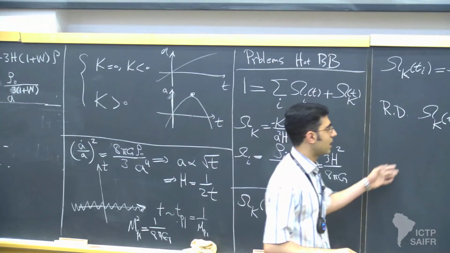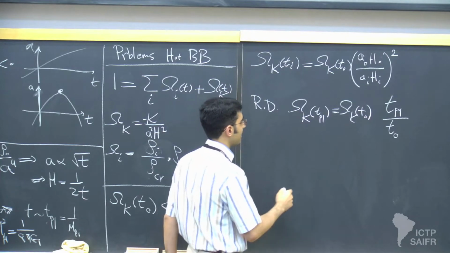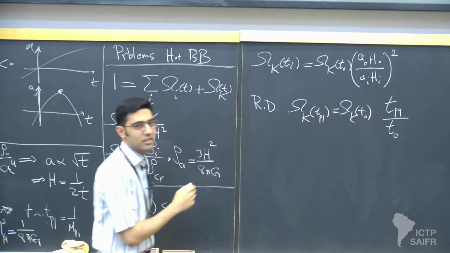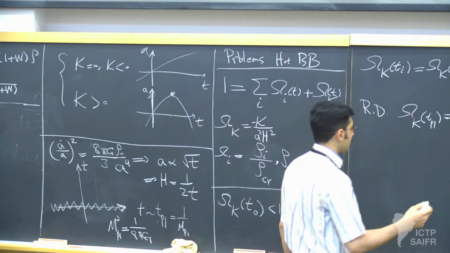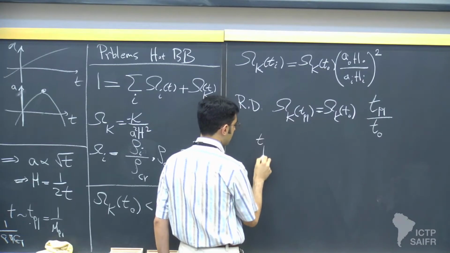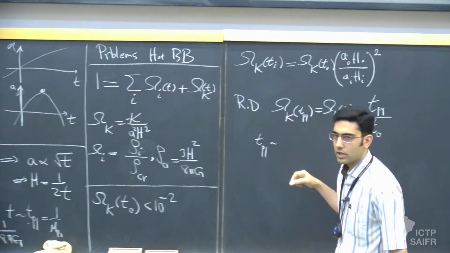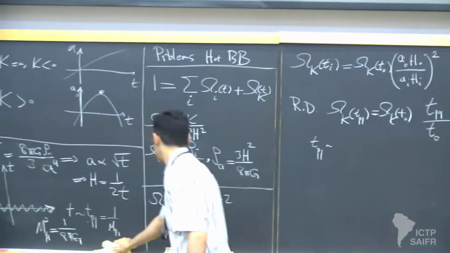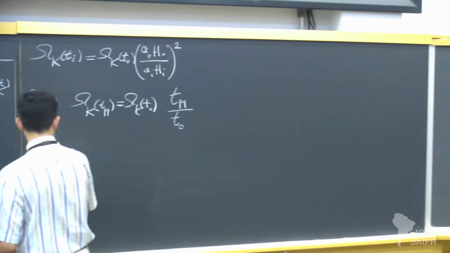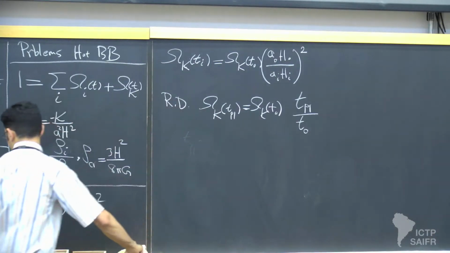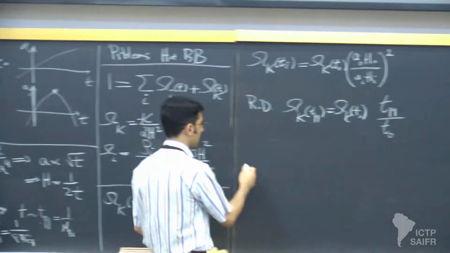Now, what are these numbers? I guess you can already see that we are going to get something really, really small. So what is t Planck? This M Planck that I define in terms of G Newton is a constant of nature.